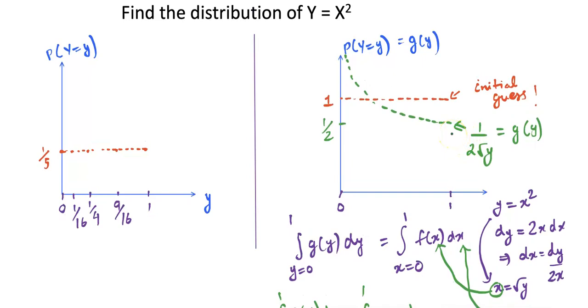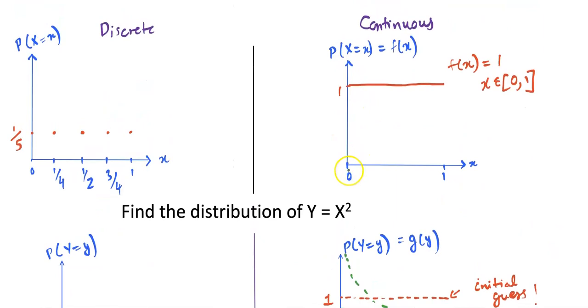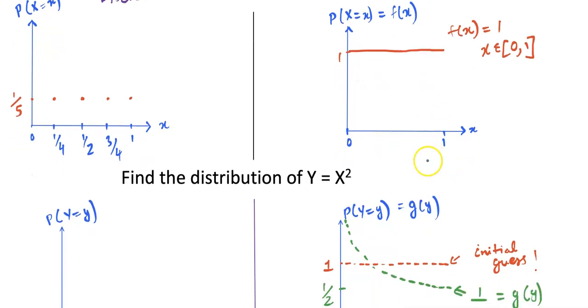Okay, assuming you have paused and tried giving it a thought, the way I like to think about it is that x takes values between 0 and 1, right? So when you're squaring a number that lies between 0 and 1, it is going to get smaller, right?